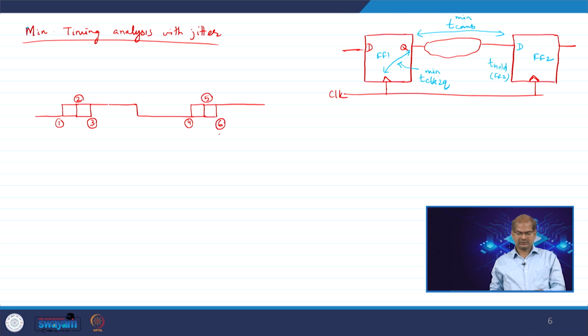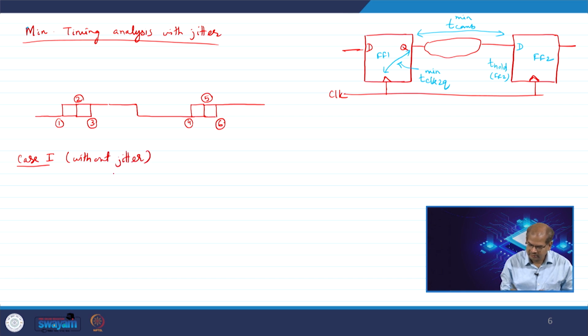So, in this case, since I am considering the minimum timing analysis, I have two cases, with jitter and without jitter. So, case 1, without jitter. What is happening here is that we have to consider only edge 2.